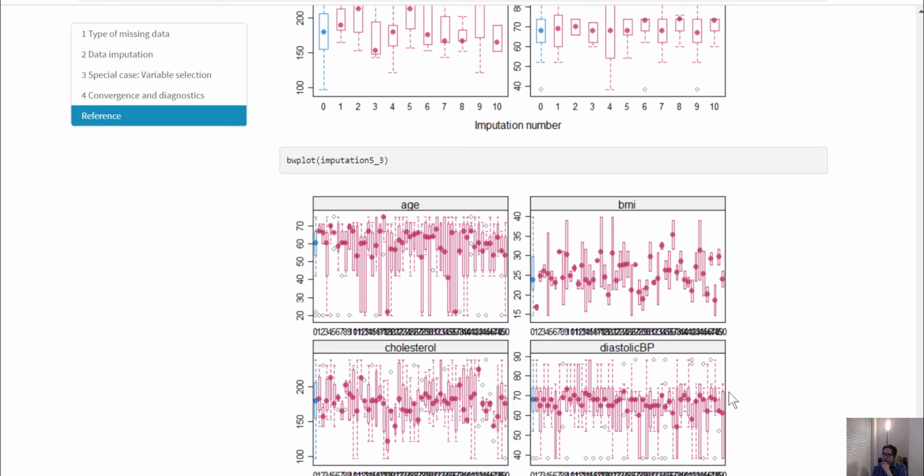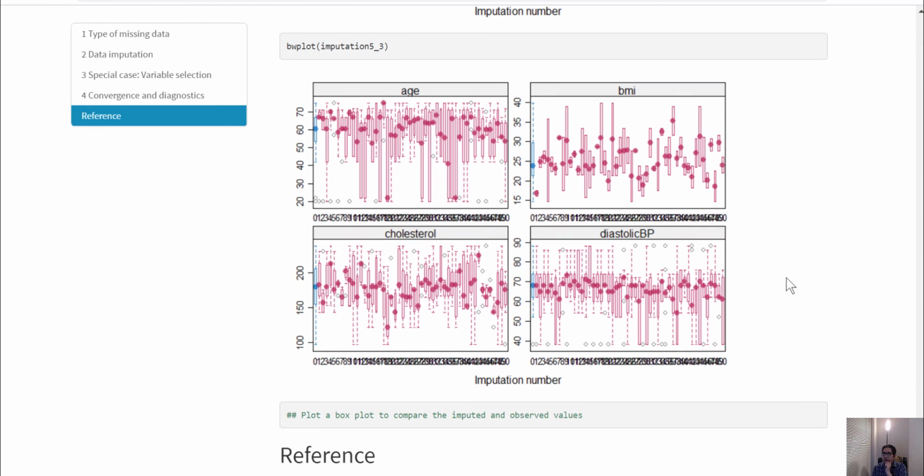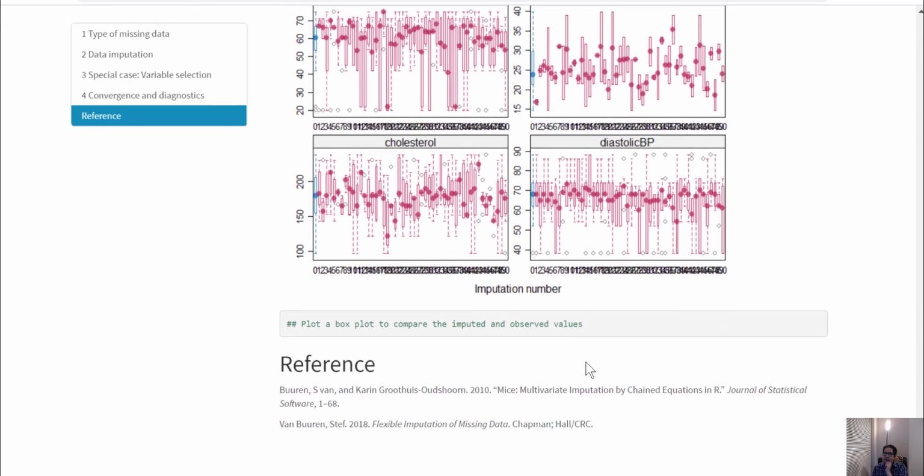This is more what it usually looks like when there is not much of a problem, I guess. This is observed and these are the imputed, but these have some pattern, and maybe with a better imputation model this can go away. Alright, so again the reference is this book, Flexible Imputation of Missing Data.